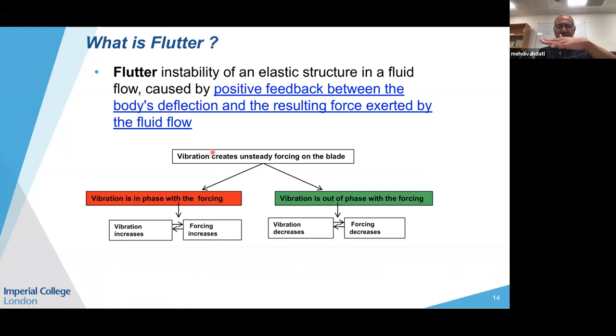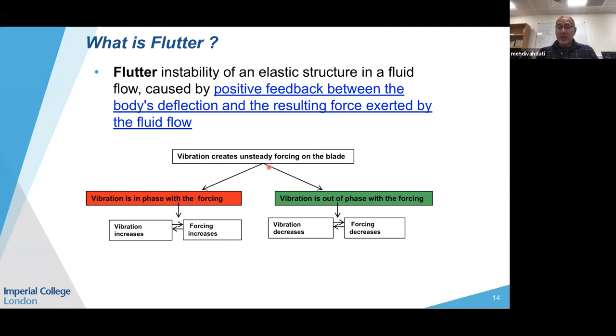You have a structure, which is sitting at its equilibrium. So it has already deformed due to static loads. You give it the slightest displacement. When you slightly displace the blade, the vibration creates unsteady forces on the blade. So there could be two scenarios.